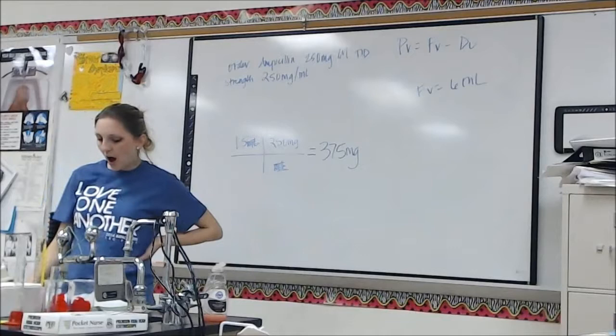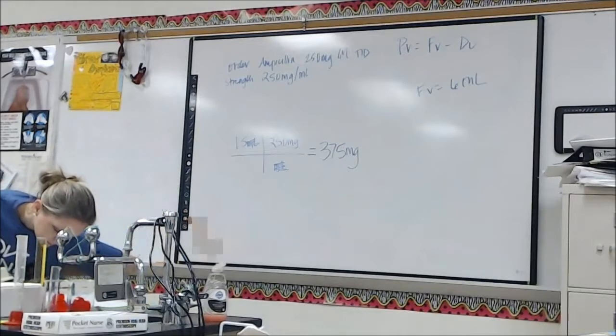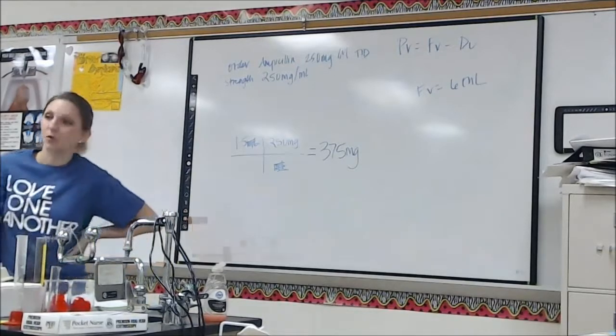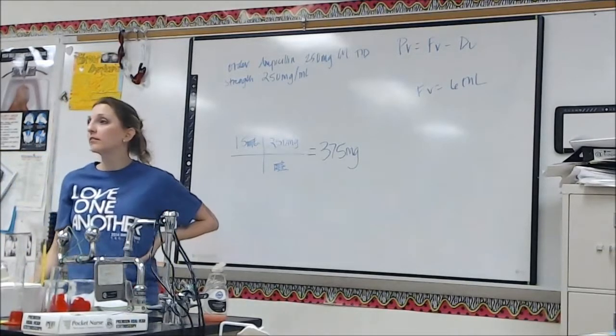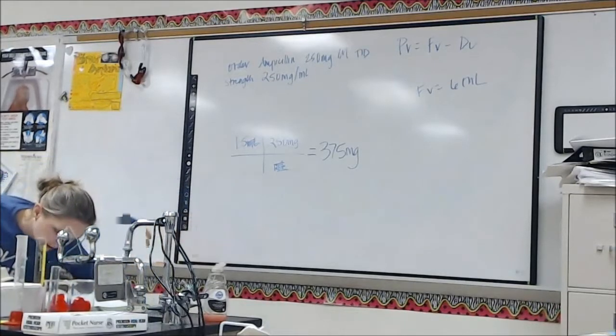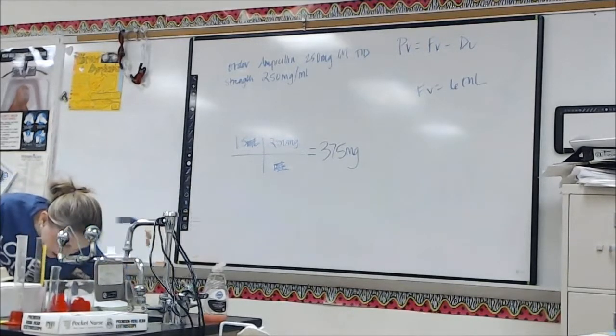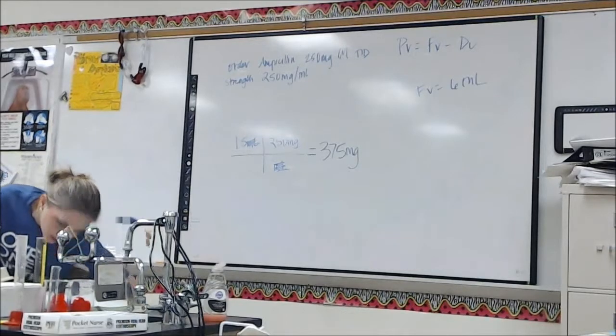Okay, now how long would the medication be stable at room temperature? What does it say? 1 hour. How long would it be stable in the refrigerator? We don't know. It just says to use it within 1 hour.